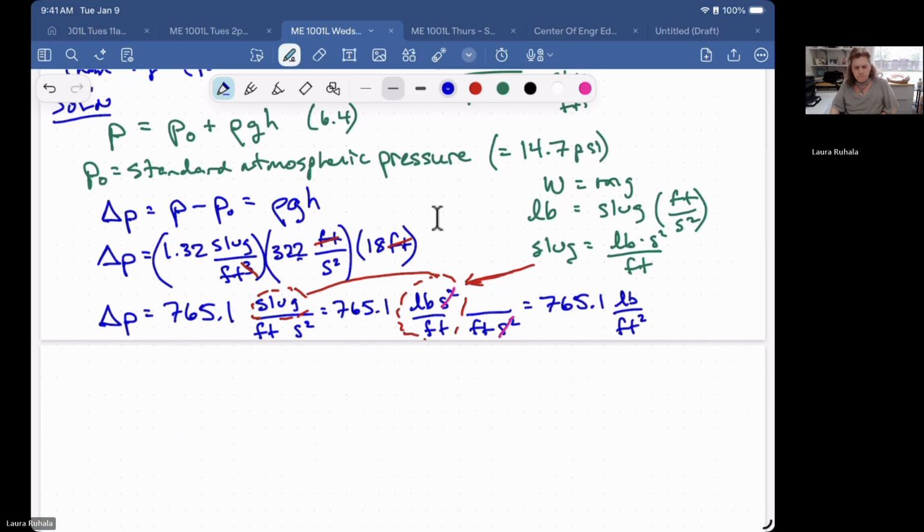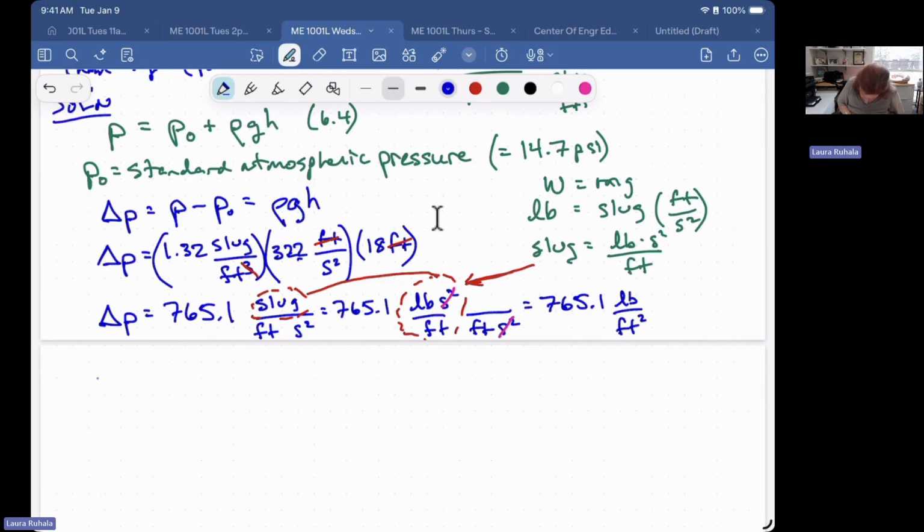Cool. Is that the unit I want? What I want is a PSI, not a PSF. Pound per square foot, that would be a PSF, and it's hardly ever used. So what I want is a PSI.